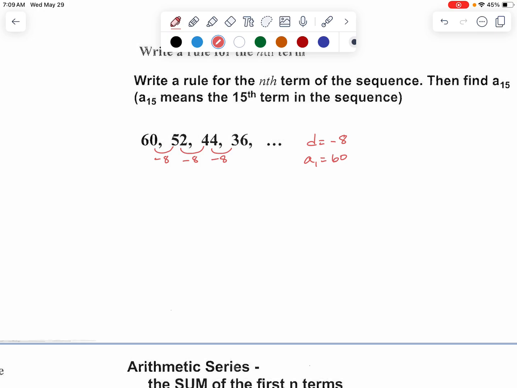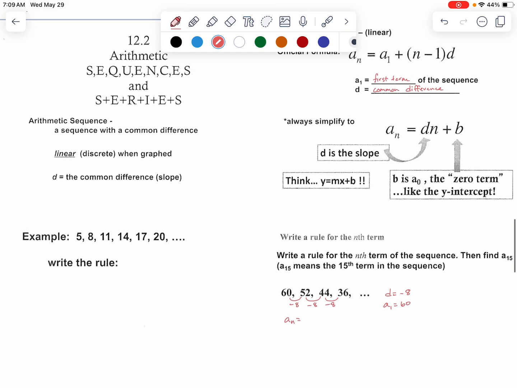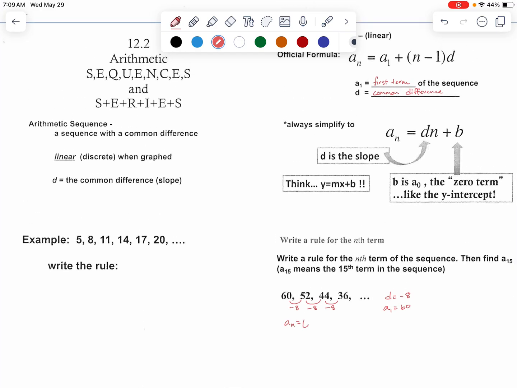Okay, so we can substitute in what we know. So we know a sub n equals your first term, 60, plus n minus 1 times your d, or your common difference, that negative 8.